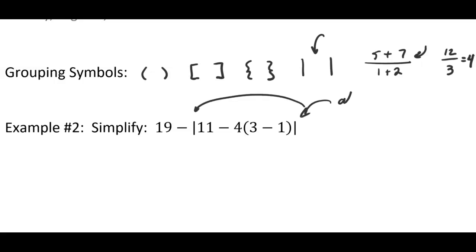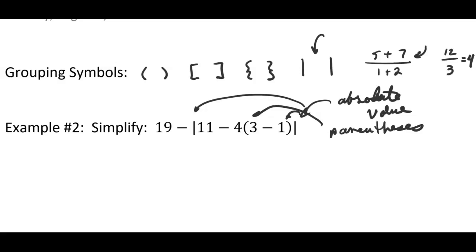So that's absolute value. And then we also see parentheses, right? The parentheses, there and there. The parentheses are inside the absolute value, so we're going to go inside the absolute value, that grouping symbol, and we're going to go right to those parentheses, and we're going to do that first.